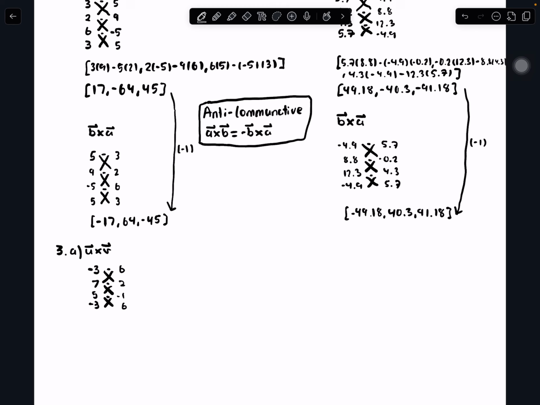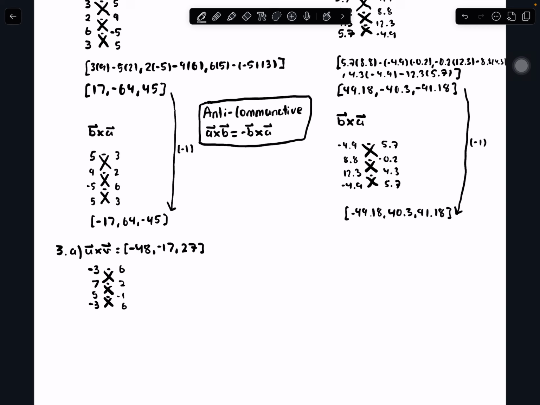And then the vector we get from this calculation will be, so we have -3 times 2 minus 6 times 7, minus 48. Okay? And then we have 7 times -1 minus 2 times 5, minus 17. 5 times 6 minus -1 times -3. 27.